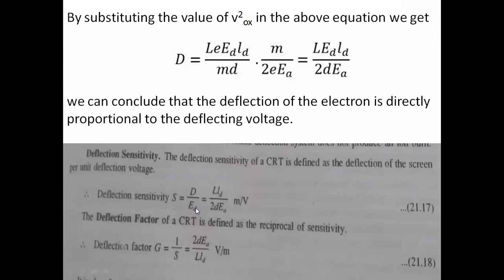That voltage causes the deflection of the beam on the screen. So here it is the ratio of the deflection on the screen per unit deflection voltage.